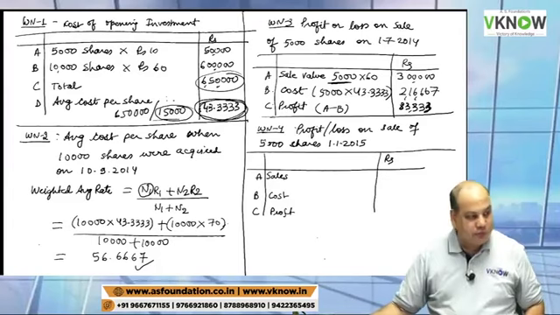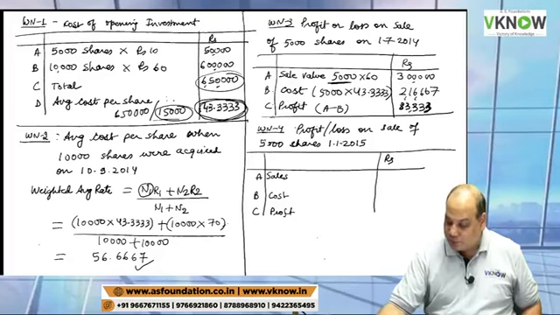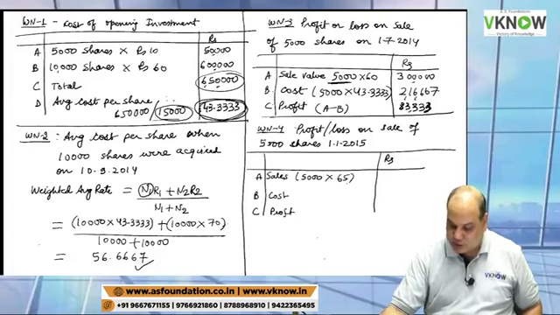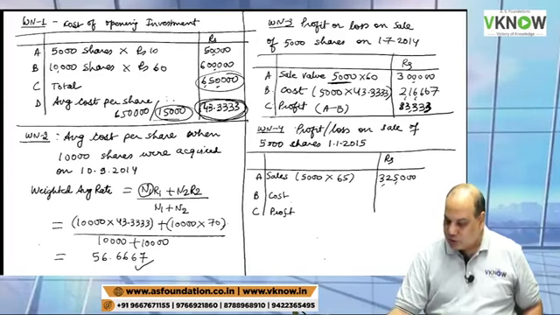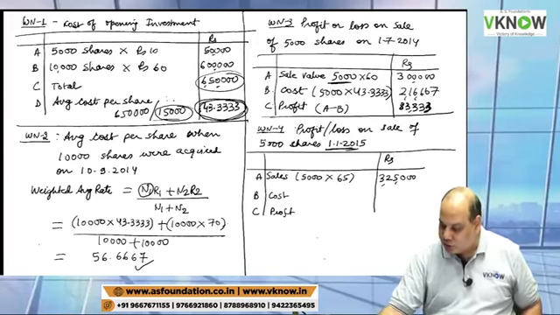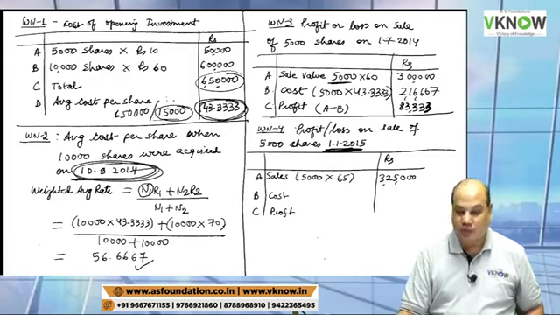So the answer is, come on, profit. 5,000 shares sold on 1/1/15 for 65 rupees, which is 3,25,000. Now these shares were sold on 1/1/2015, and before that sale you have purchased 10,000 shares on 10 September.